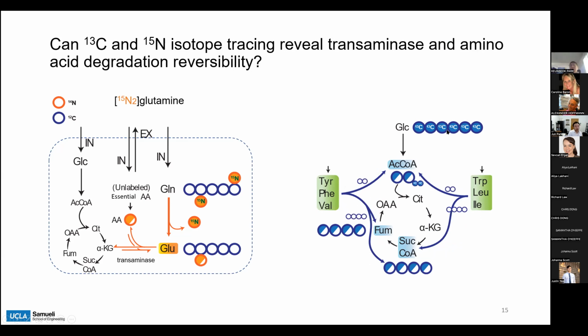But at the same time, glucose is supplying 13C into the TCA cycle. So based on the observation of acetyl-CoA, fumarate, and succinyl-CoA 13C labeling, we hypothesized that we will be able to tell the amino acid carbon degradation flux with respect to glucose infiltration.